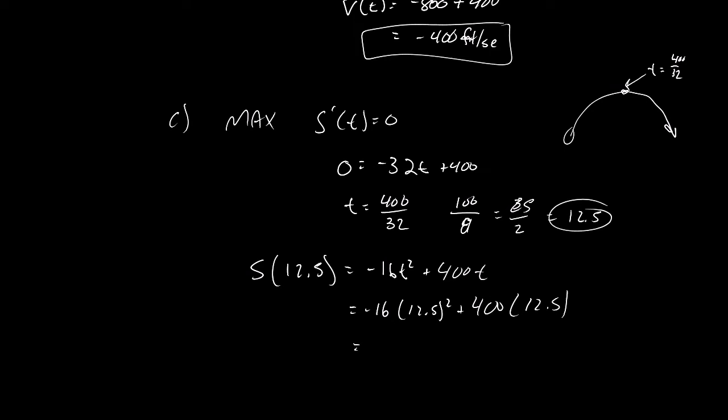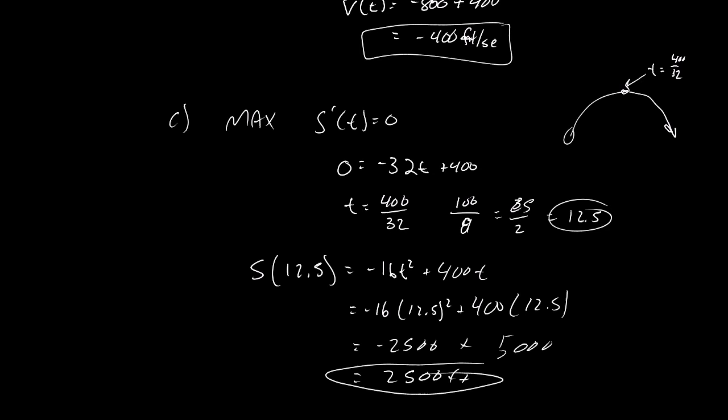So this first part is negative 2500, plus 400 times 12.5, and this is 5,000. So that means our final position is 2,500, or our altitude, the highest point going up. This distance here is going to be 2,500 feet. Bada bing, bada boom, and we're done.